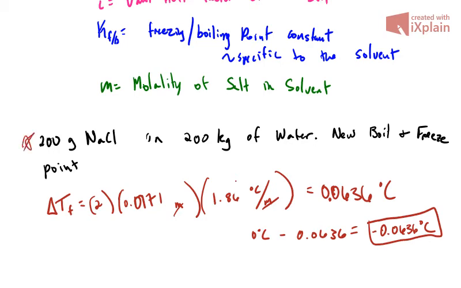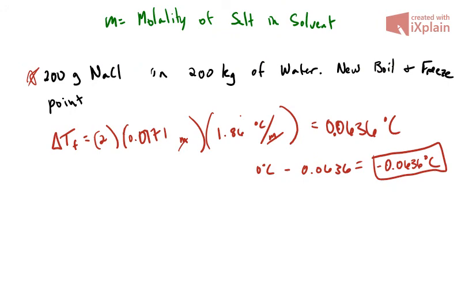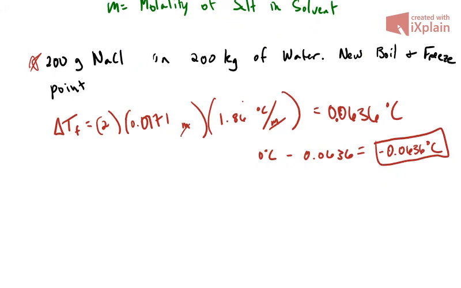Okay, let's do the same thing for the boiling point. The boiling point, delta TB, is equal to 2. It's the same Van't Hoff factor. It's the same molality. However, there is a different constant.